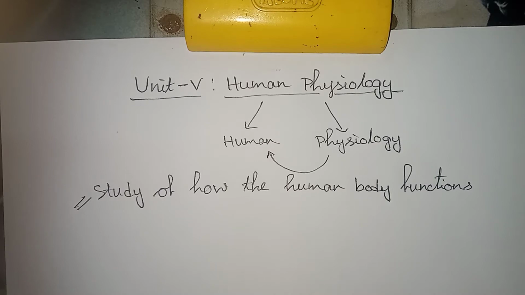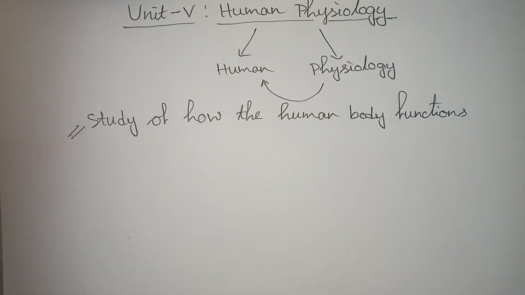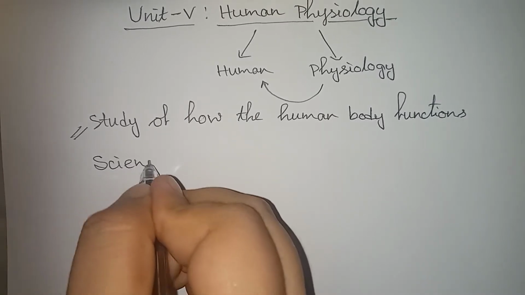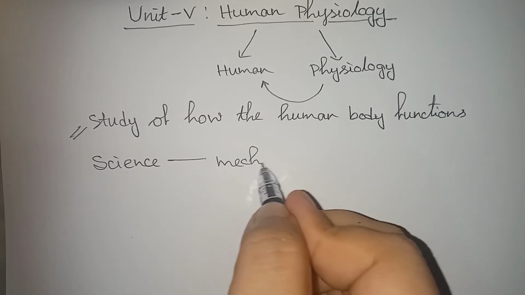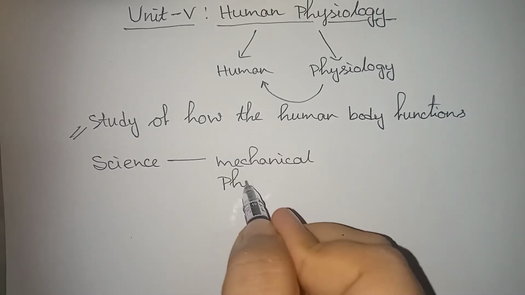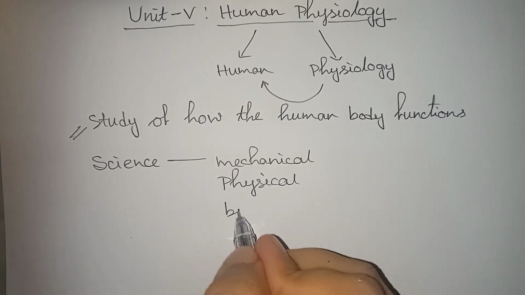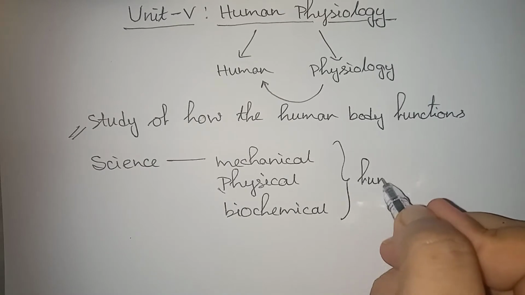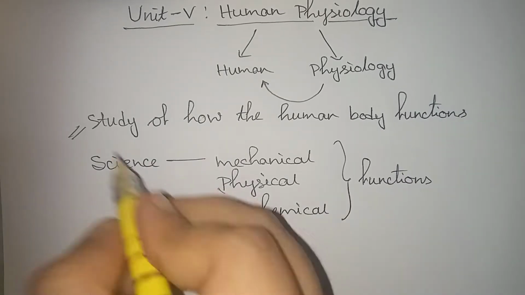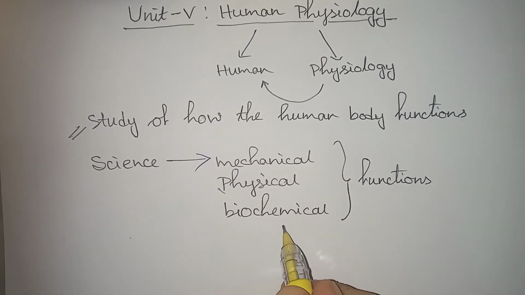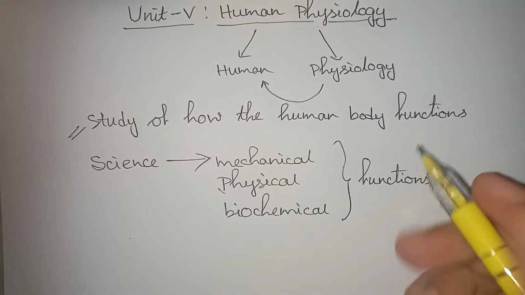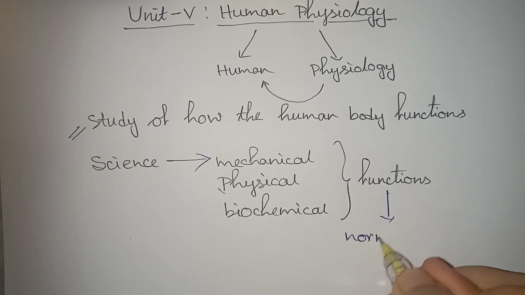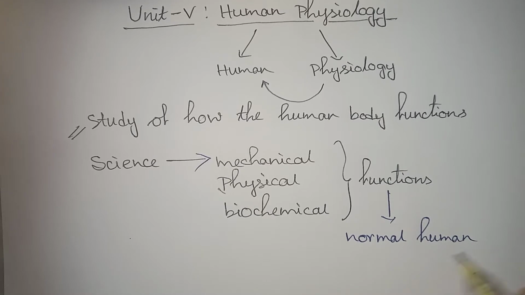Now, the definition of human physiology is: it is the science of the mechanical, physical and biochemical functions of normal humans like us, or human tissues or organs.